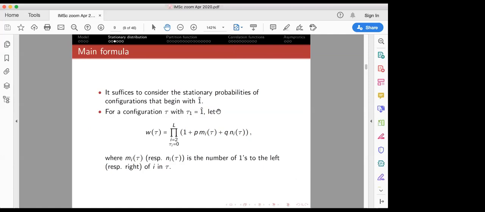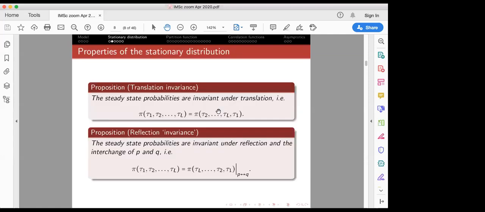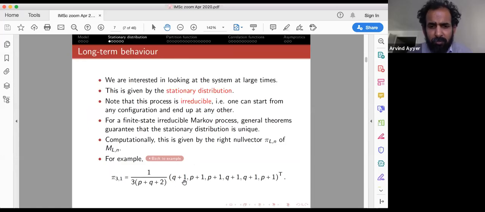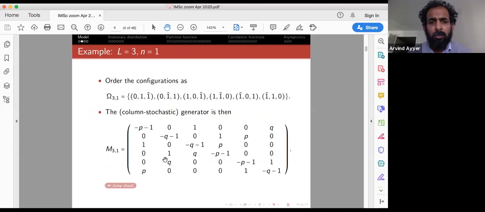Arvind, I have a question. Yes. I understood translation invariance, but not this other reflection invariance. Could you use the previous example to illustrate this? Yeah. Look at the first and the second configuration. If I read the first configuration from right to left instead, I'll get 1 hat, 1, 0.